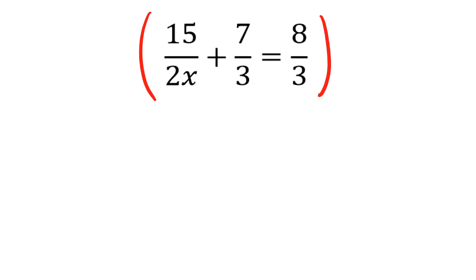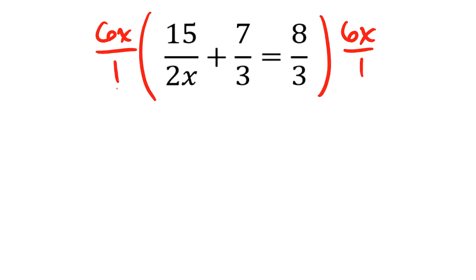You could multiply by 3, and those denominators would go away. And then you could multiply by 2x, and that would take care of that. But may I suggest, if we multiply by 6 times x on each side, we're going to push a factor of 6x through both the left-hand side and the right-hand side. It's going to eliminate all the fractions.